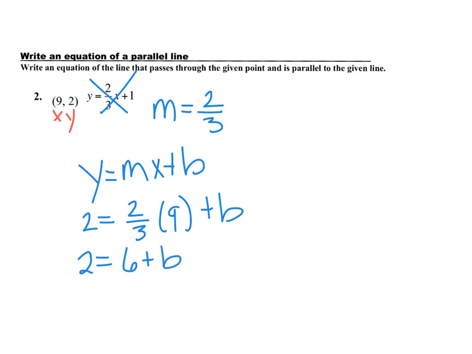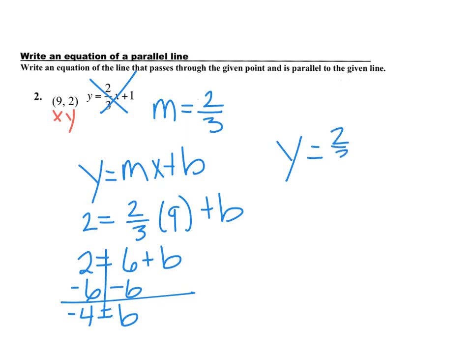And then I'm going to have minus 6. I'll have negative 4. So my y-intercept is negative 4. So now I have a slope and I have a y-intercept. So I'm going to have y is equal to 2/3 x minus 4.